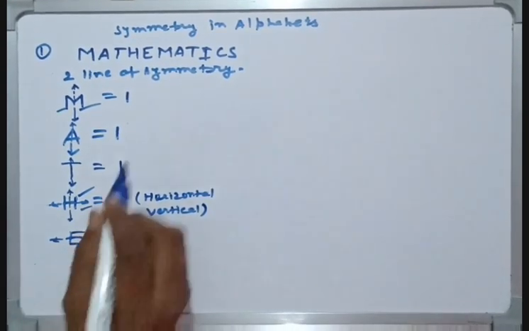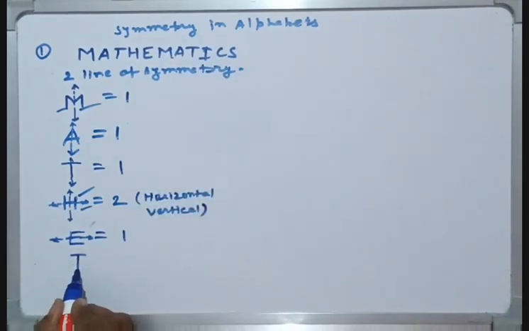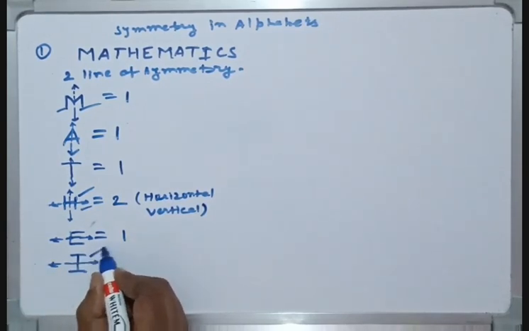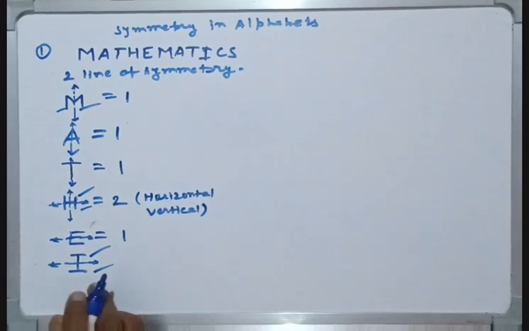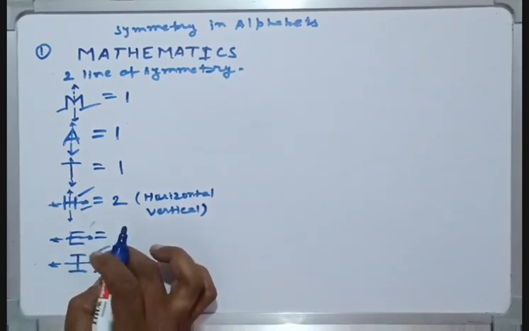Now what about I? So I has two lines of symmetry, one is horizontal, see this upper part and this lower part, both half parts are equal in shape and size.